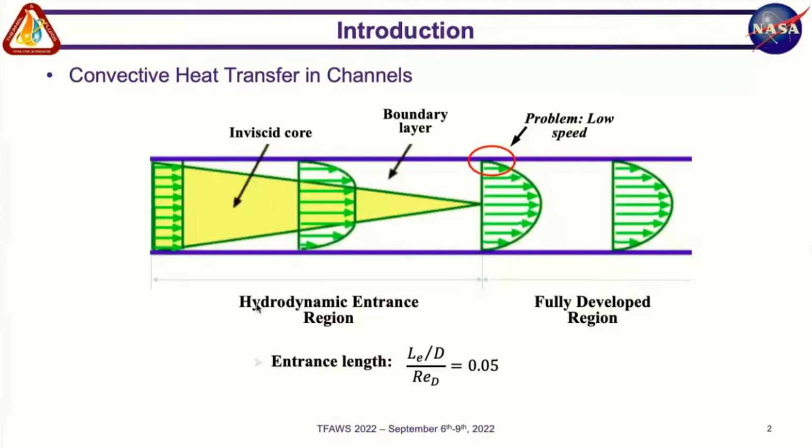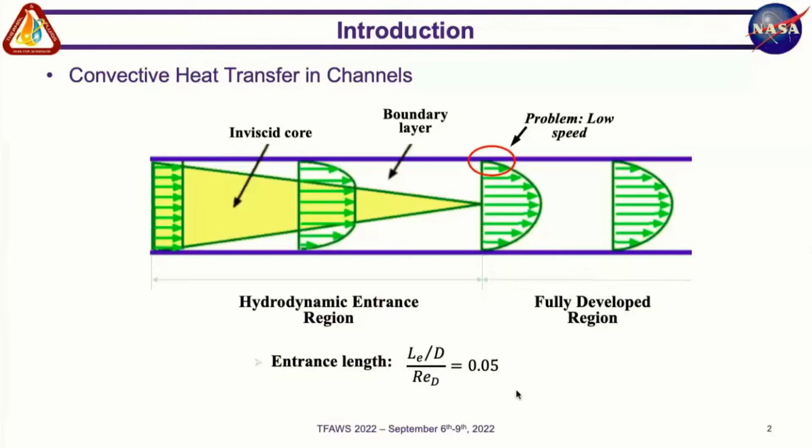Showing this sketch, if you consider a uniform inlet profile, you have what we call the hydrodynamic entrance length, or entrance region, to achieve a fully developed velocity profile. And from that point on, the velocity doesn't change anymore, assuming this is a regular channel with a uniform velocity. And we can even predict the entrance length through this formula.